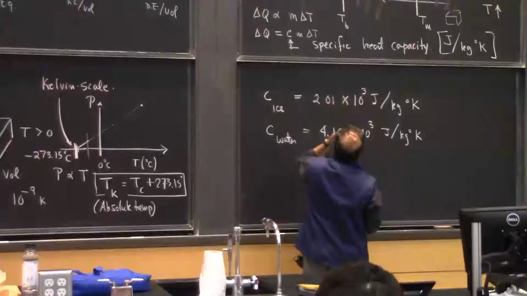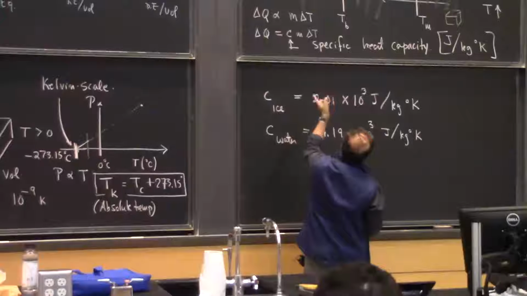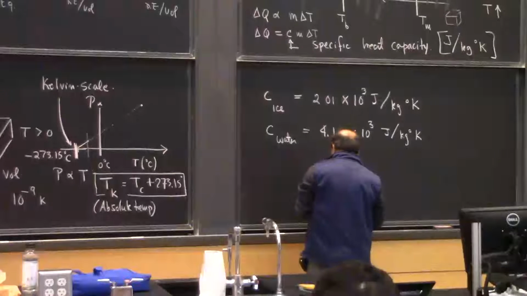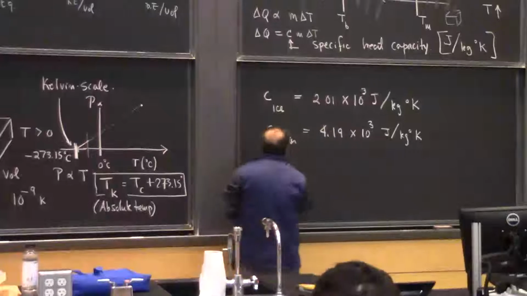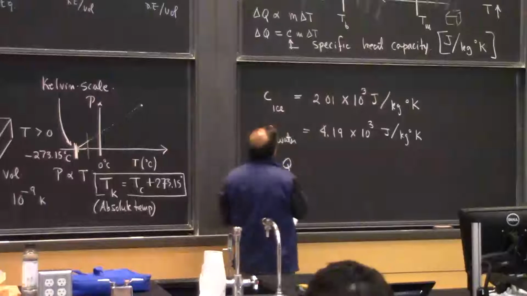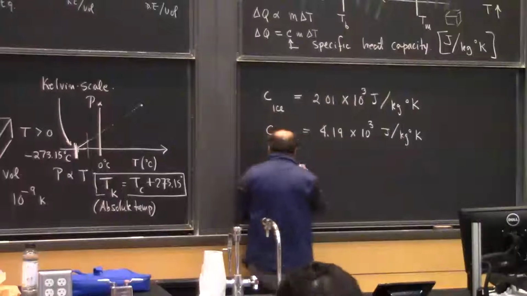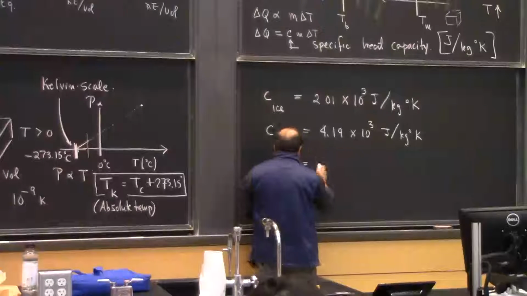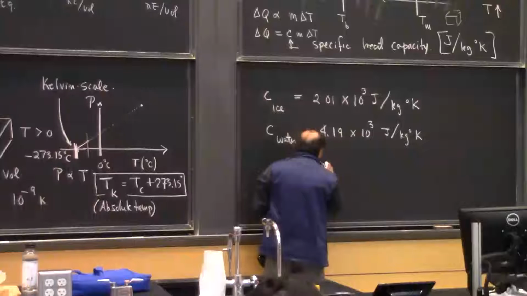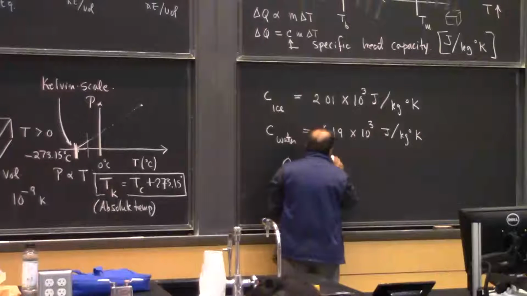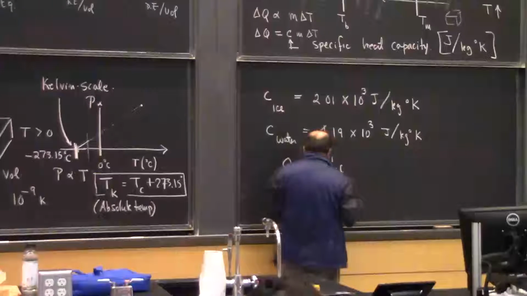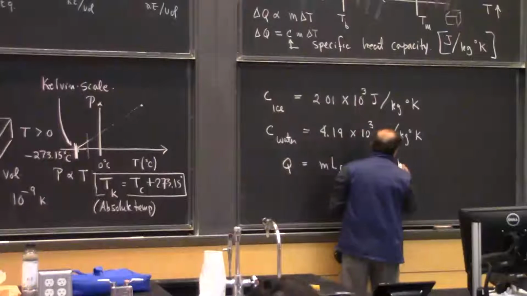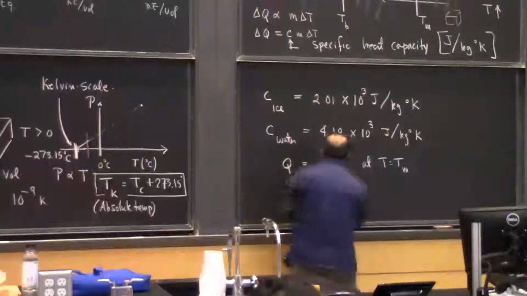So that's what happens when you are in a given phase, gas phase, liquid phase, or solid phase. But when you go through a phase transition itself, through the phase change point, then the amount of heat absorbed, let's call it delta Q or Q, it doesn't matter, is dependent upon the mass involved and some other quantity. So at the melting point, this constant is called the latent heat of fusion.